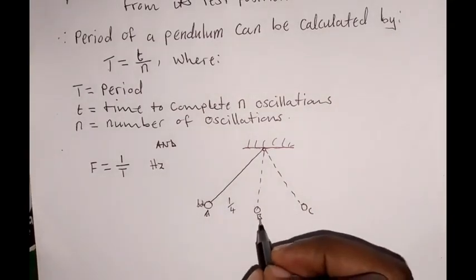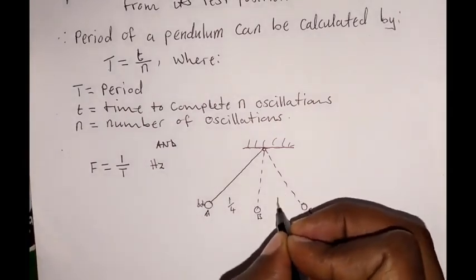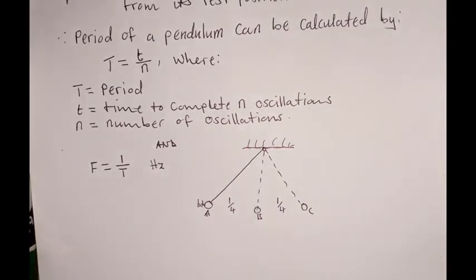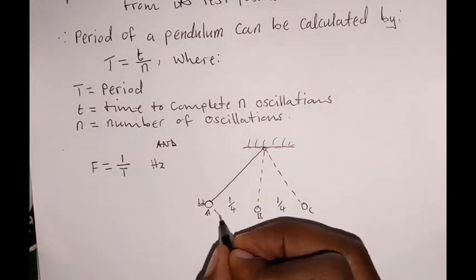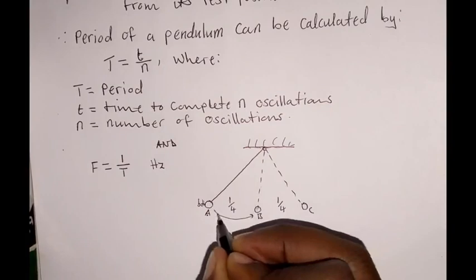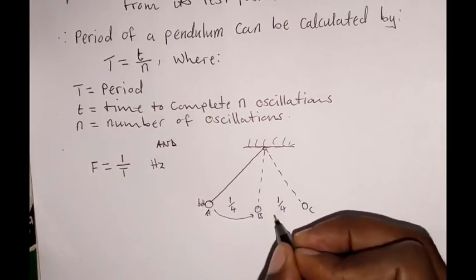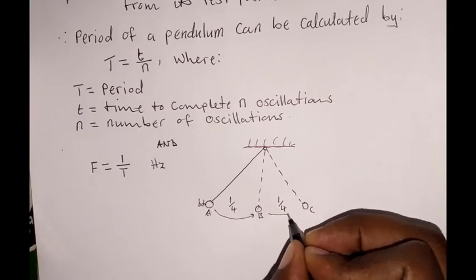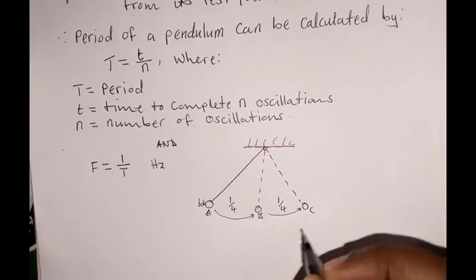Then from point B to point C is also 1/4. Again, moving from point A to B is 1/4, and from point B to point C is 1/4.